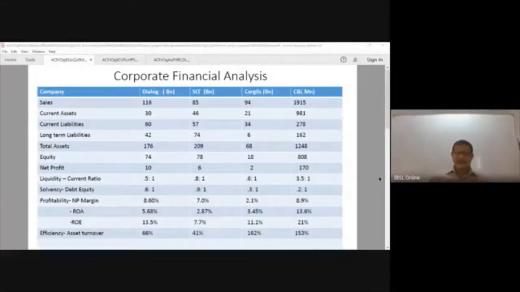Now, if we go back to our standard banker's acceptance on this liquidity ratio, we said 2:1. Now you can see Dialog has 0.5:1. Dialog is a company in the telecom industry providing a service.